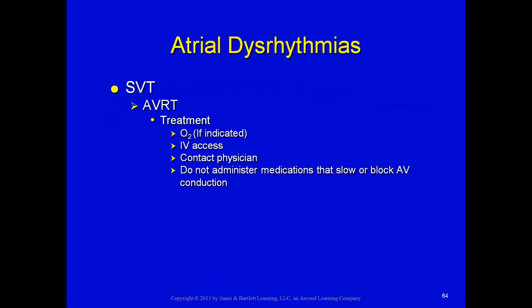You don't know because everything is so close together on the paper that it's okay to give them a medication that blocks conduction through the AV node like adenosine. Adenosine has such a short half-life that if it is going to cause a problem with AVRT, it is short-lived. And should it cause a problem requiring you to increase the heart rate or pace, you've got them already hooked up to a heart monitor and you can address that.